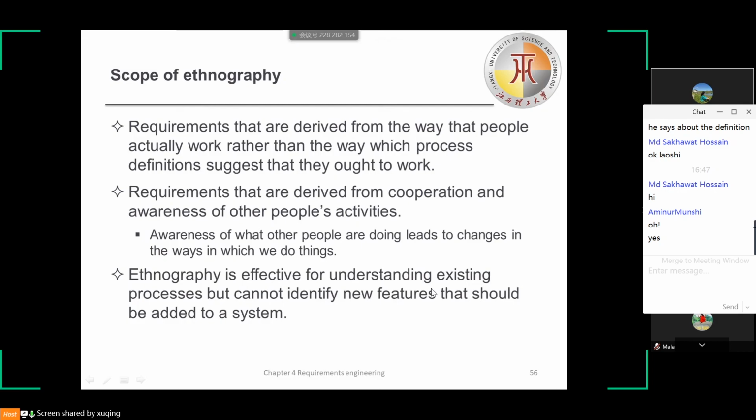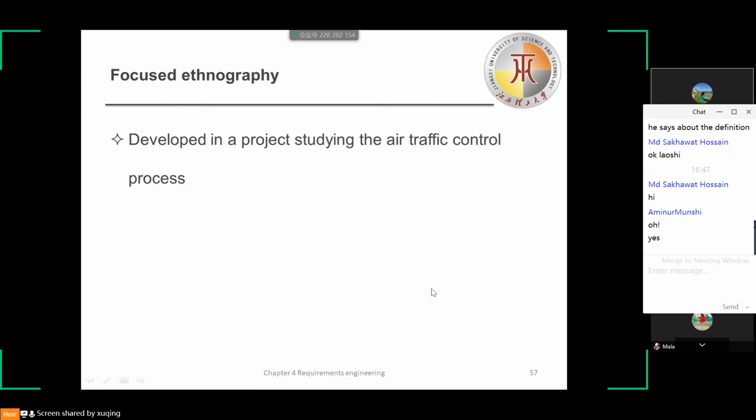So we say that ethnography is effective for understanding existing processes, but cannot identify new features that should be added to a system. We have seen that developed in a project studying the air traffic control process, where ethnography can be combined with prototyping.